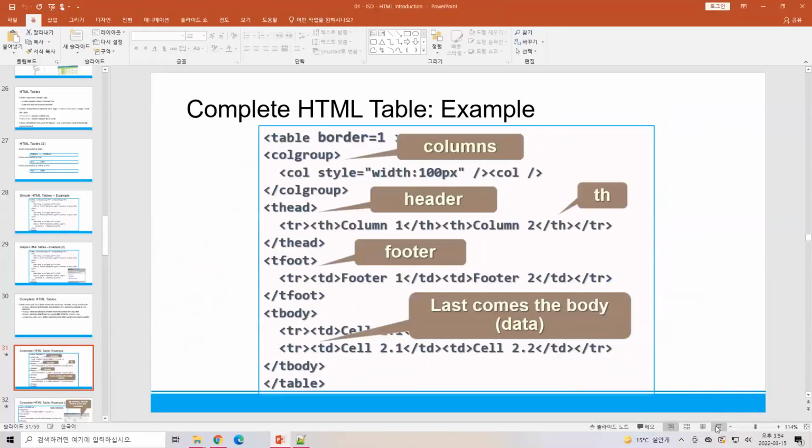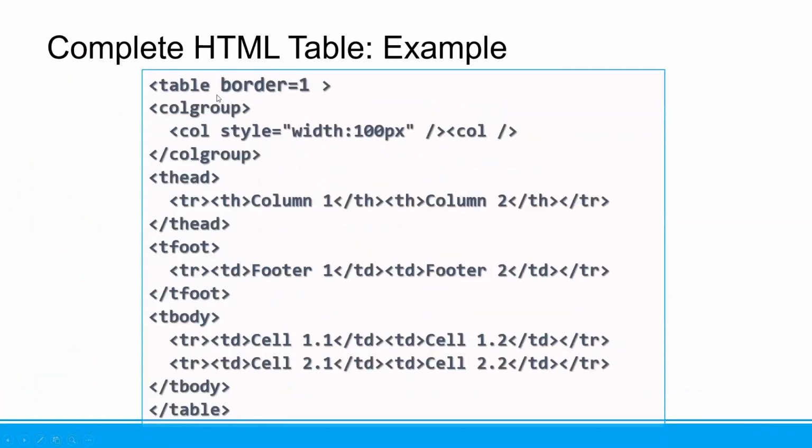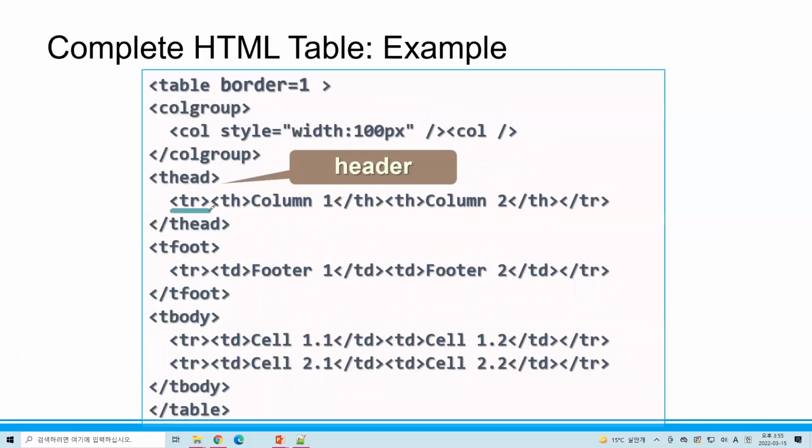If we take a look at this example, we have a table and the border equals 1. So there will be a border on the table. And we have the column group. We have the header. The header here, we want to specify in one row, and there will be column 1 and column 2.